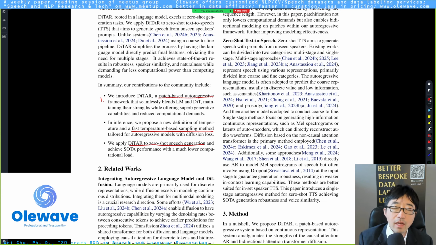But you didn't provide any training samples of this target speaker. This is why it's called zero shot, and this is speech generation. Okay, and they're demonstrating this has much lower computational load, which means their system is fast, with low latency, low computational cost, etc.